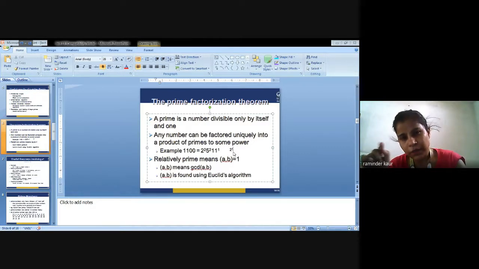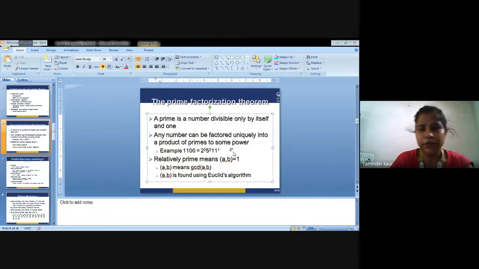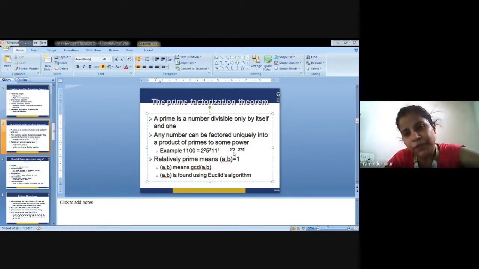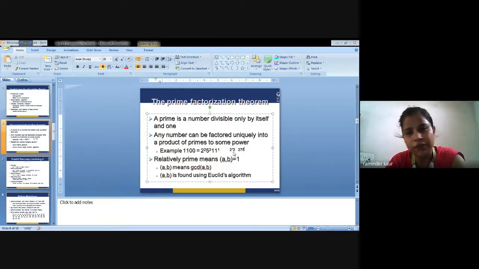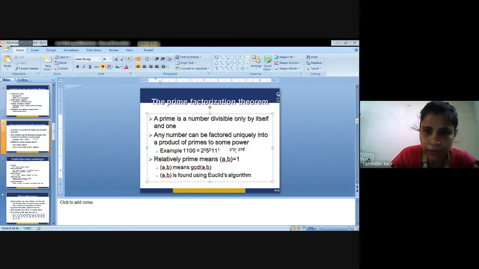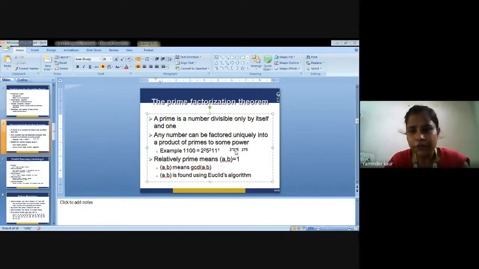1100 divided by 2 is 550. Then again 550 could be divided by 2, giving 275. 275 could not be divided by 3, but 5 could divide it. So 275 divided by 5 is 55, and 55 divided by 5 is 11.